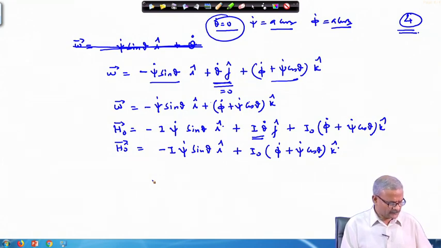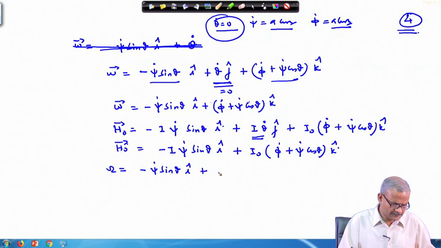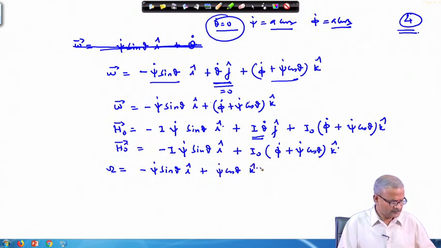And there are a few other things that we also need to look into. And capital omega, this term is minus psi dot sin theta I cap plus psi dot cos theta k cap.